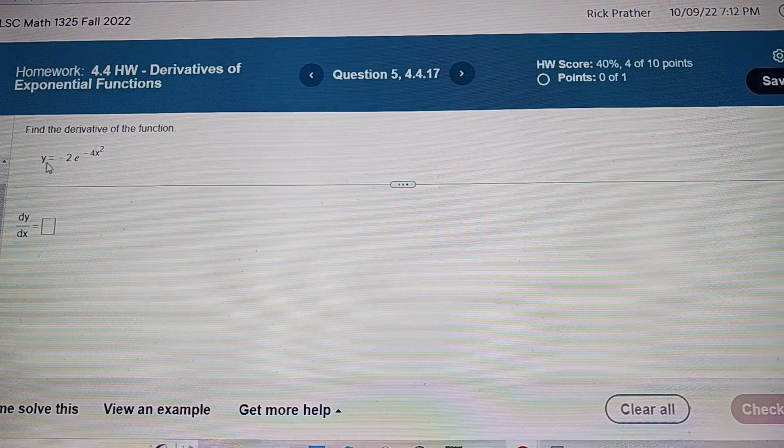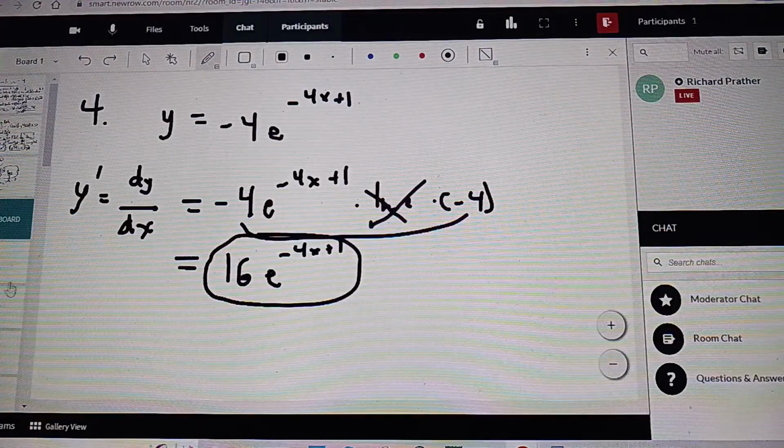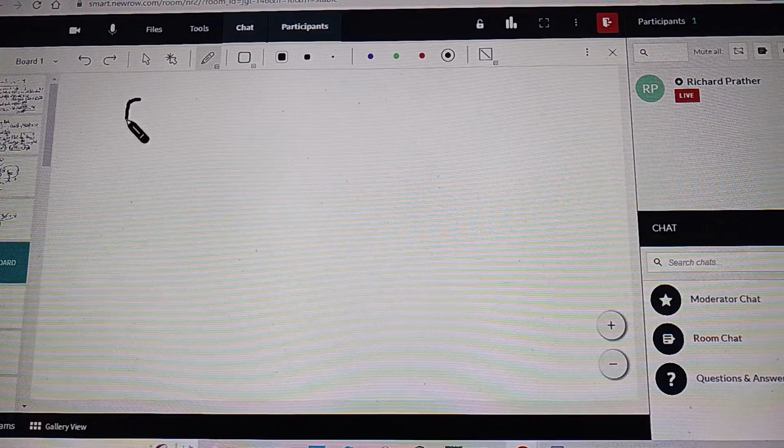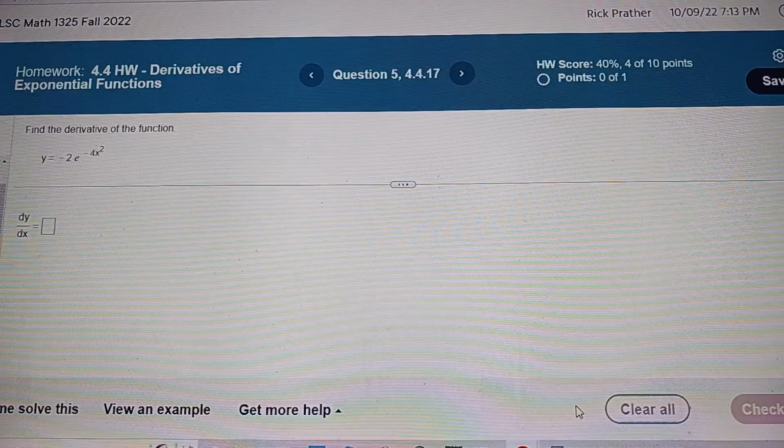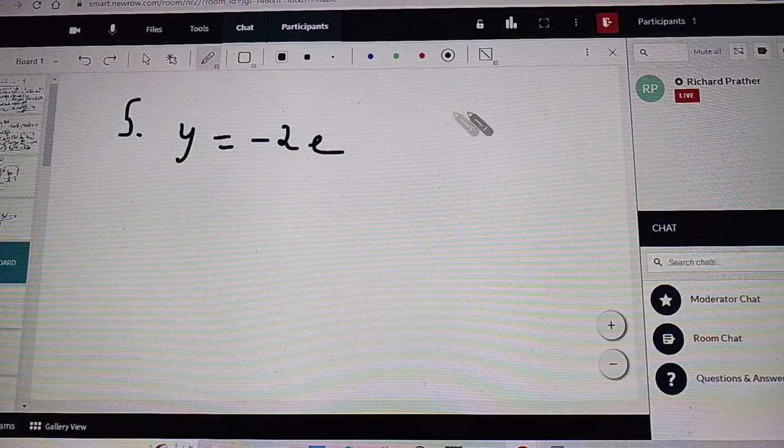Okay, y equals negative 2 e to the negative 4x squared.